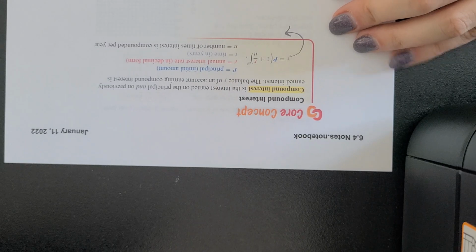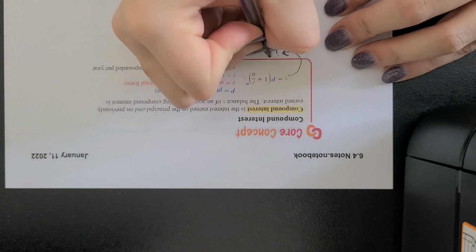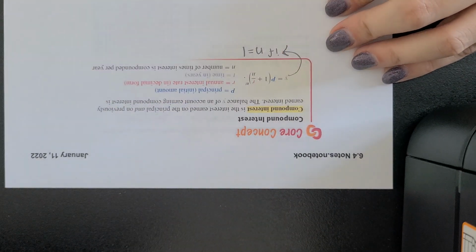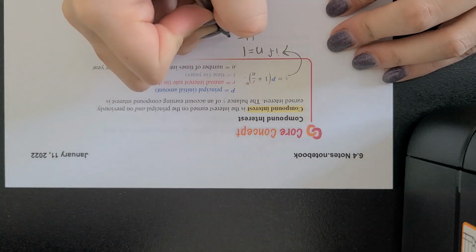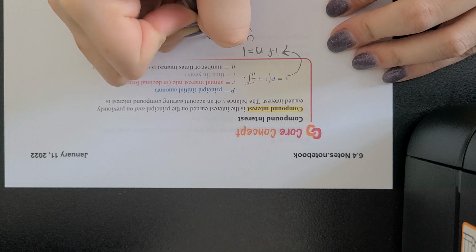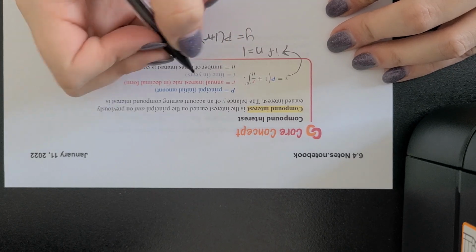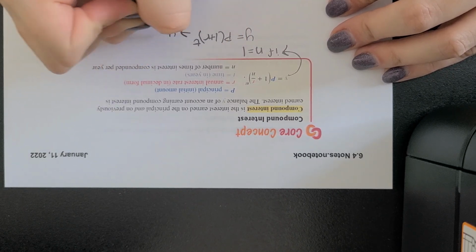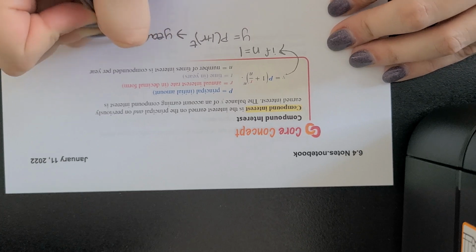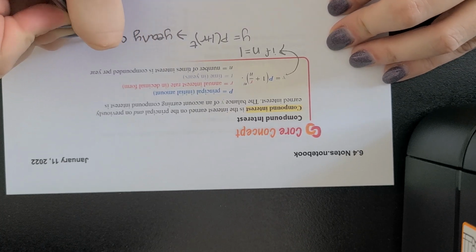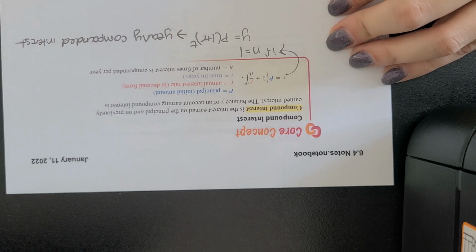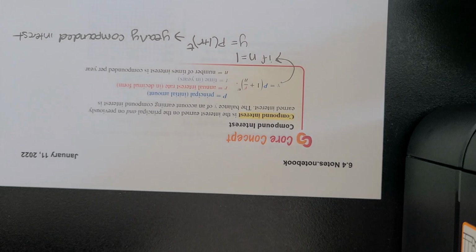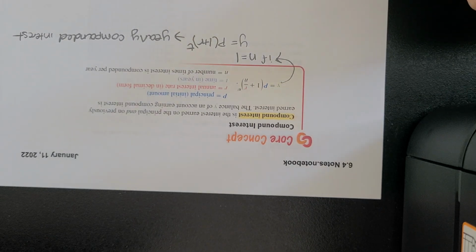It's probably pretty easy to figure this out, but if N equals 1, we get Y is equal to P times 1 plus R to the T, and that's going to be yearly compounded interest. So we're going to use this formula now.